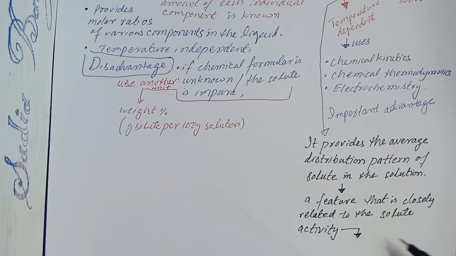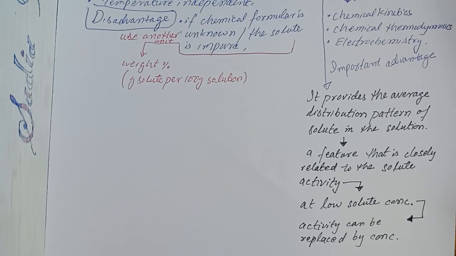This is a feature that is closely related to the solute activity. So what is the solute activity? Activity is the number of particles that are actually involved in particular properties of the solute or the solution, for example conductivity, ion migration, or various other ionic properties.